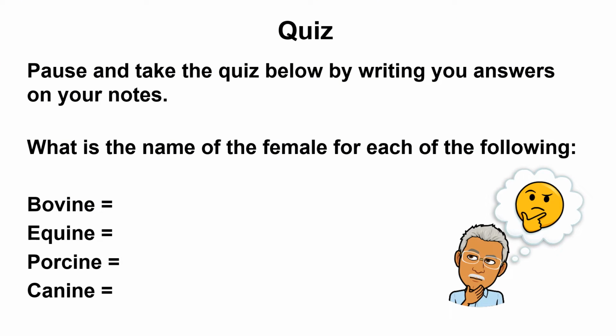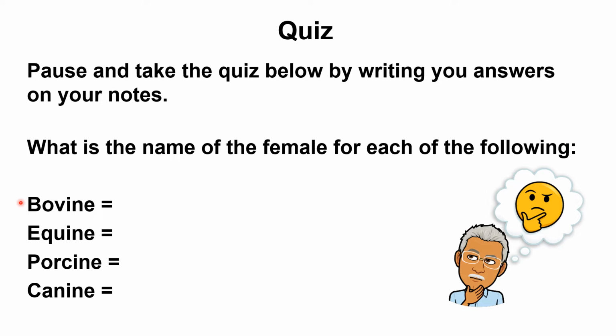So let's have first a short quiz about some important terminologies we are going to use when we study the reproductive anatomy of the different domestic animals. Of course, we are going to encounter these different terminologies, so we have to be familiarized, or we have to review these terms.